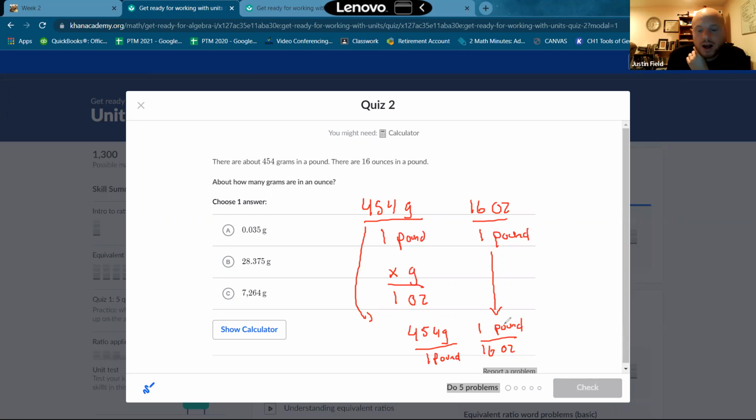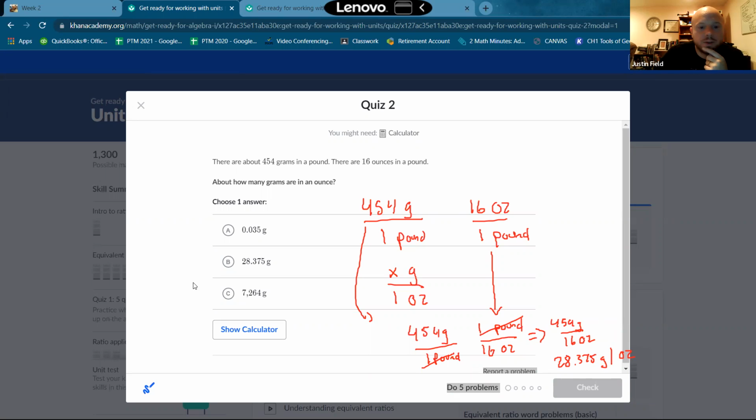But now, if we want to combine these two, they're both 1 pound, and that means we can say that 454 grams is 16 ounces. Then we can just divide that. So I'm going to do 454 divided by 16, and you get 28.375 grams per ounce.